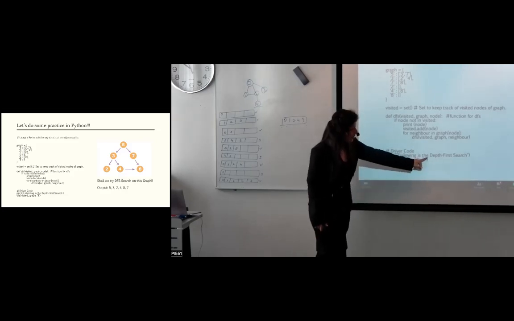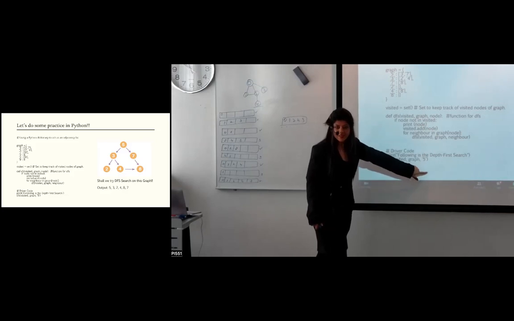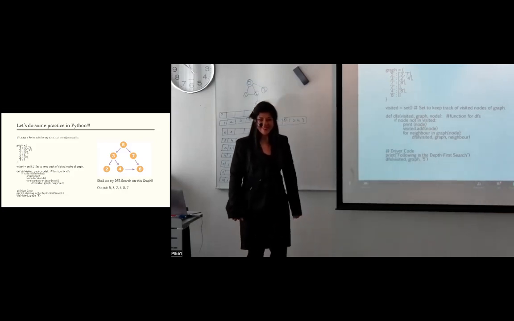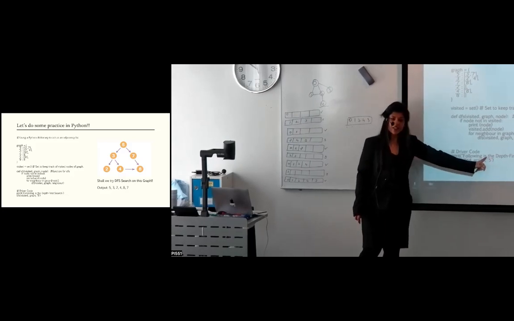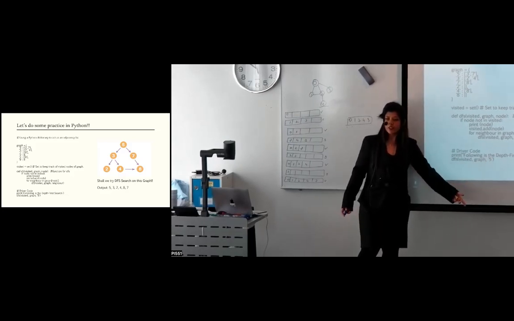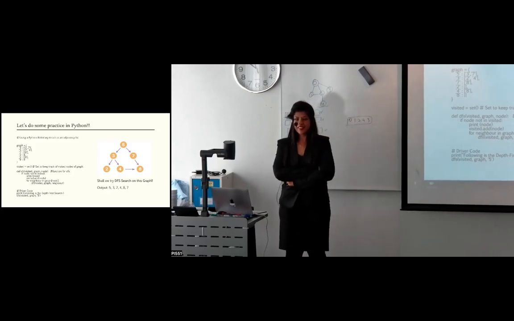And here is where we want to start from, the node. And you can make the changes with this and see what would be the change. And ask me if anything.